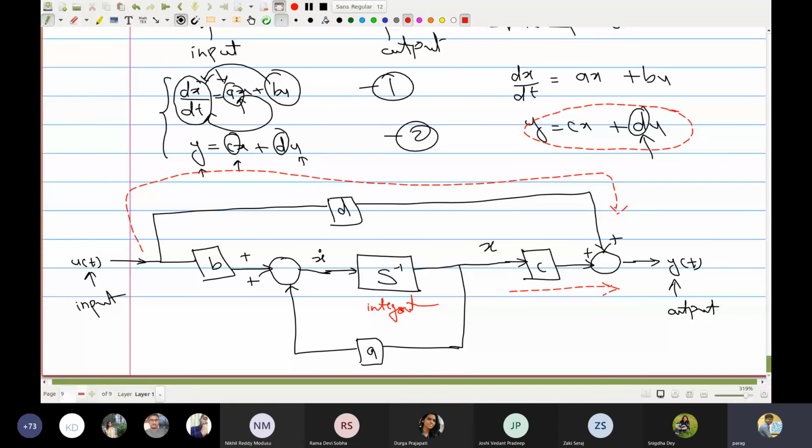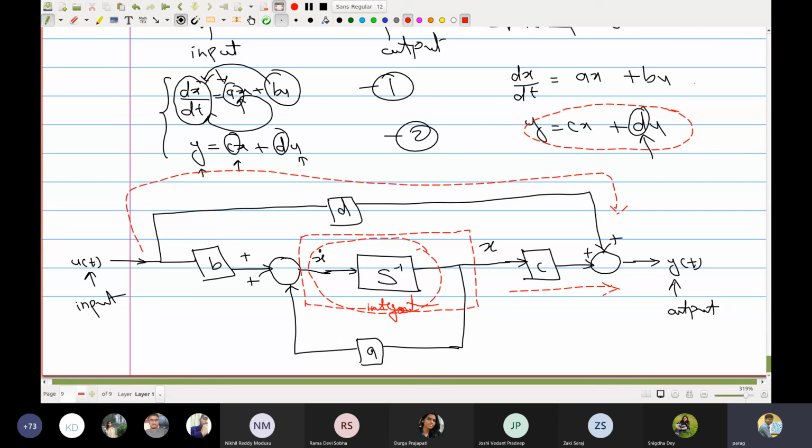So to get x, you need to have an integrator. You supply your integrator with dx by dt, you get x. So this portion makes sense.